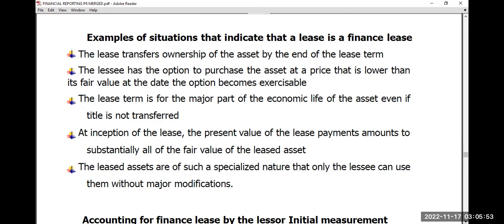What this point means is that if you have an asset that is specifically for producing certain items, and the person leases it, by the time their lease term ends and they leave you with that asset, you can't use it for anything.